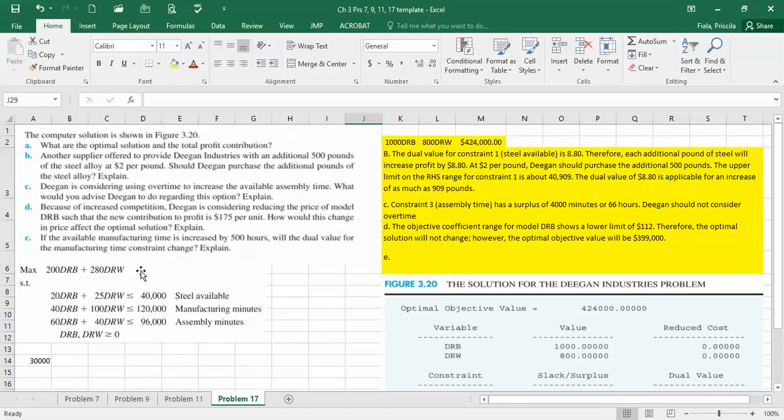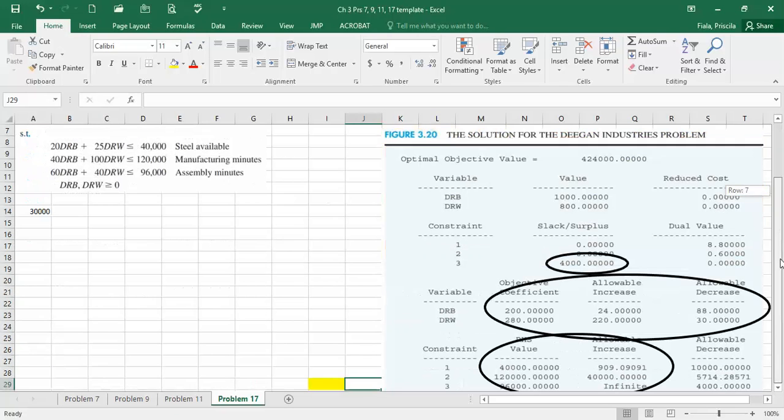Again, if the available manufacturing time is increased by 500 hours, will the dual value change or the constraint change? Well, think about it. We are considering 30,000 minutes more, which will result in 150,000 minutes, correct?